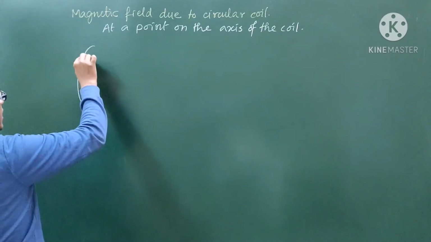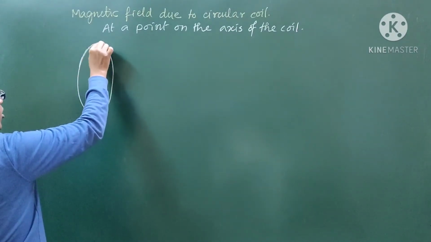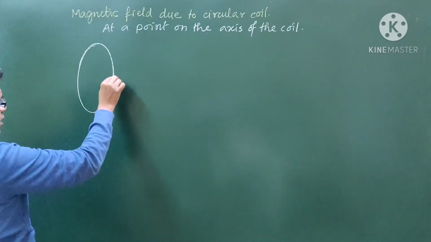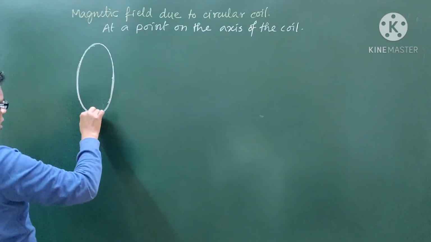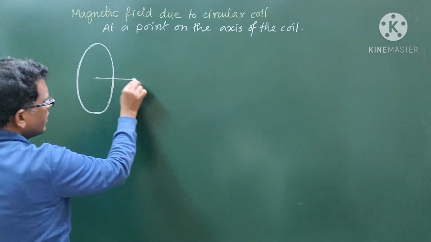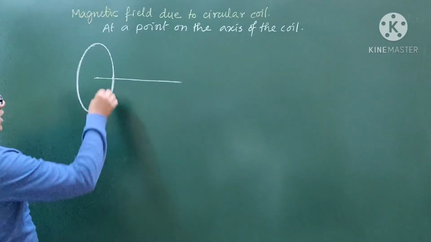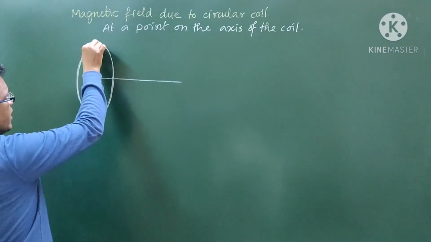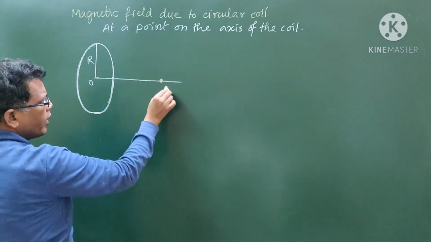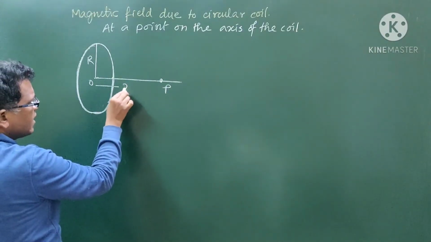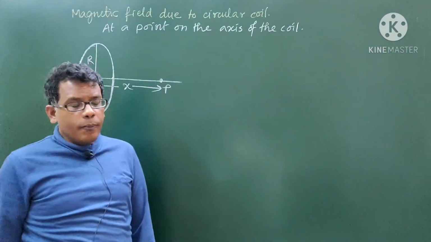If I consider a circular coil like this, a circular loop of wire carrying current, being a three-dimensional arrangement, taking this line as the axis of the circular coil, right? This is the radius, let it be capital R, O be the center, let P be the point at a distance x from the center of the circular coil.